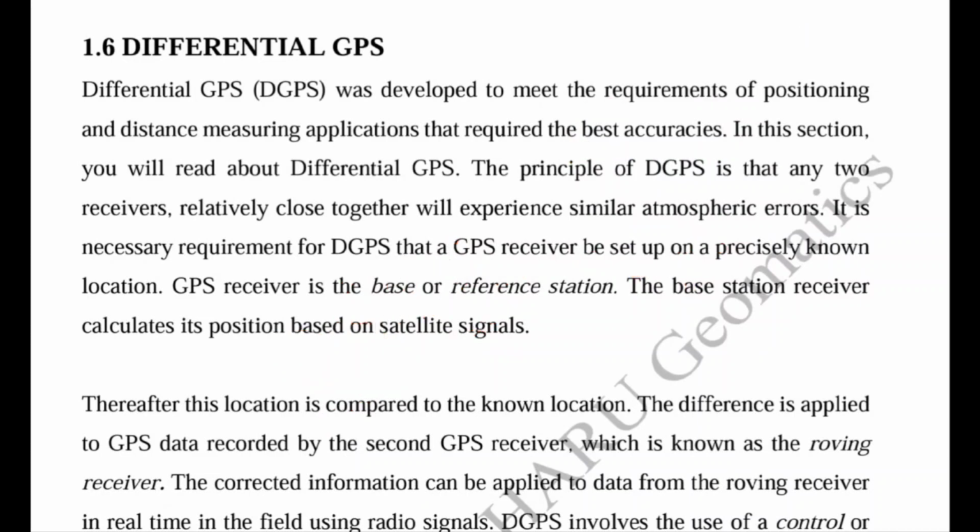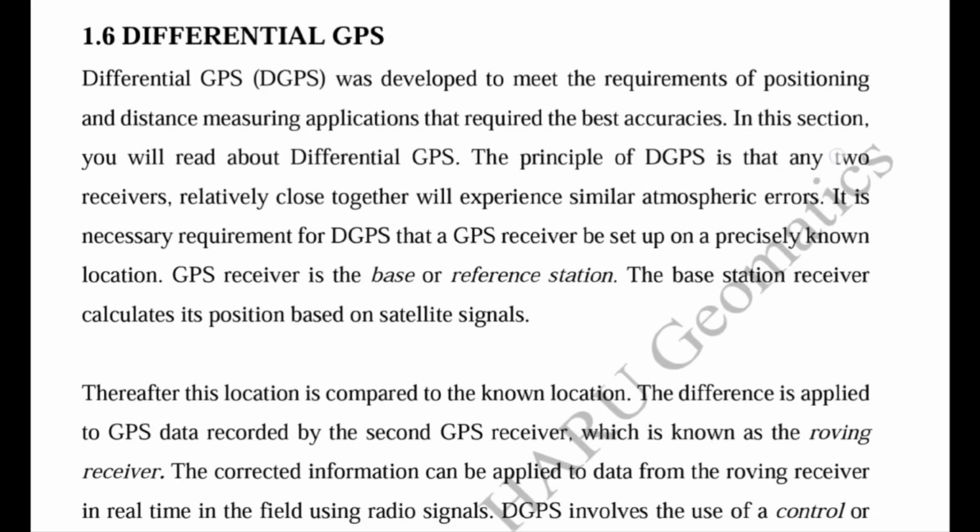So it has benefits for the calculation, and the principle of the DGPS is that the two receivers are closely together, means we can say that they have the same atmospheric conditions. So the distance between two receivers should not be too far, so that the atmospheric conditions should not change for those two receivers.